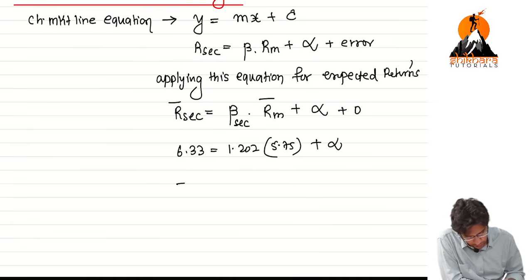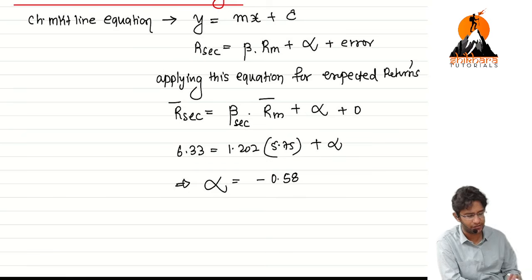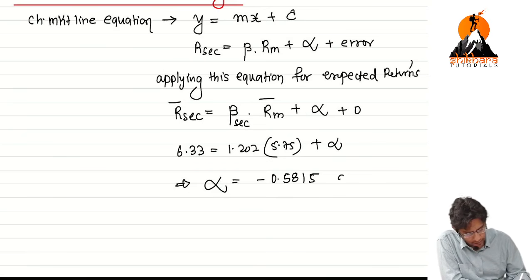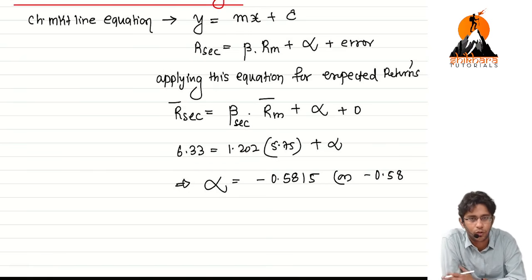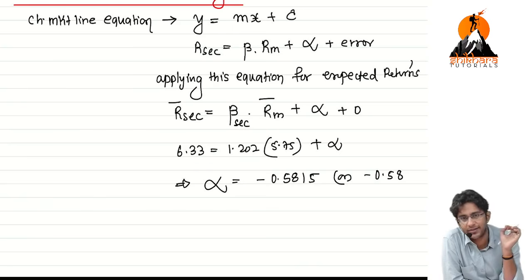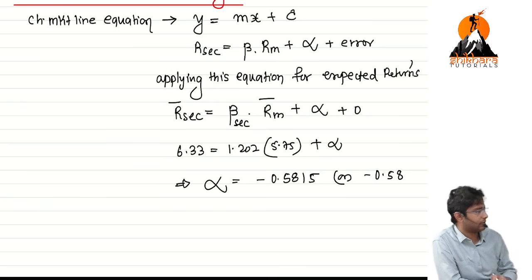Alpha will come out now: 1.202 into 5.75 subtracted from 6.33 gives minus 0.58. Sir, how can the risk-free rate be negative? Who told you alpha is the risk-free rate? Alpha is not the risk-free rate. Alpha is the return of the security when market return is 0. When Rm is 0, the security will give this much return. That's the meaning of that.